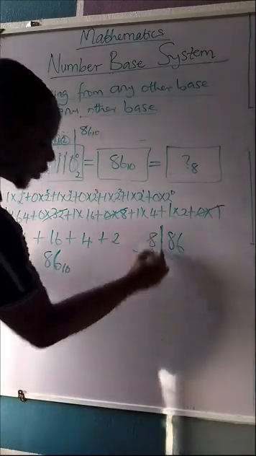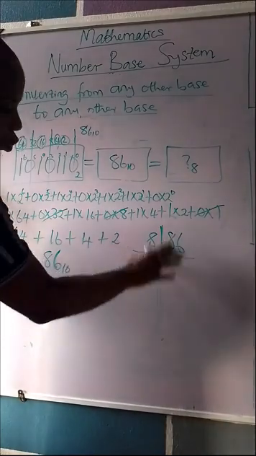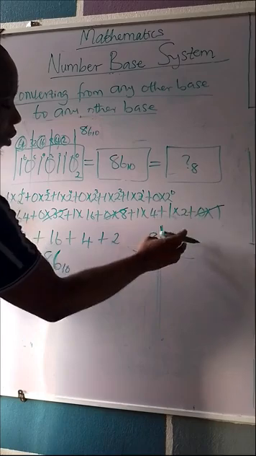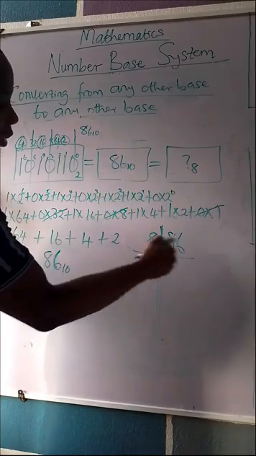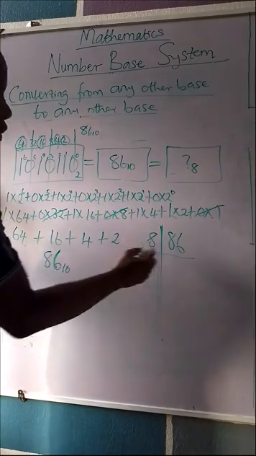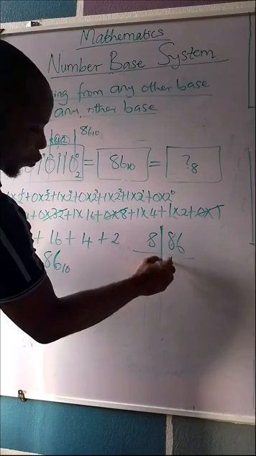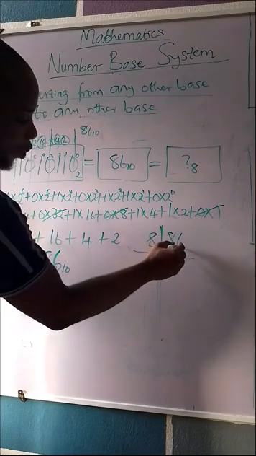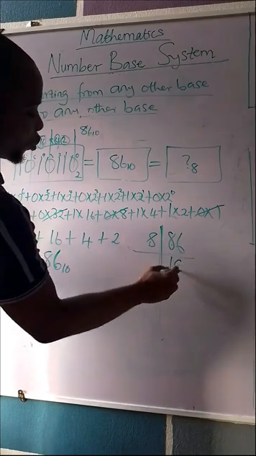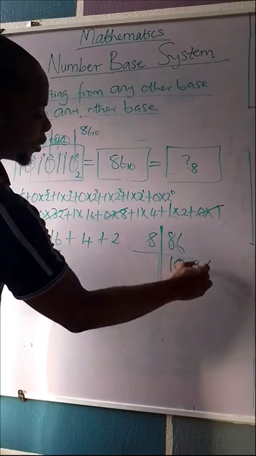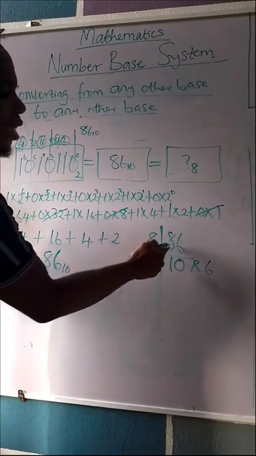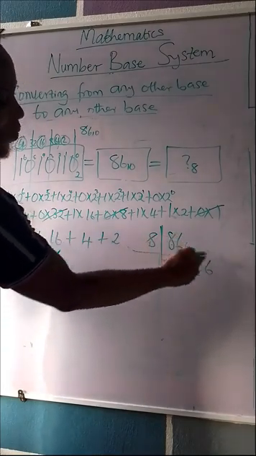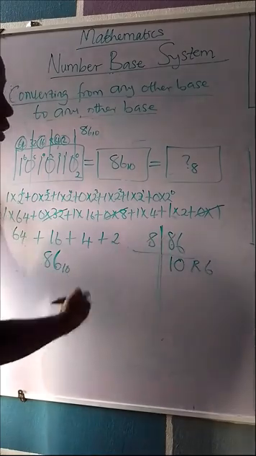Just calculate it in two columns: the number you're converting has the column to the right, while the base has the column to the left. So 8 goes into 8 is 1. 8 goes into 6 cannot, so you put 0 here. That is remainder 6, because 8 times 10 is 80, and 80 plus 6 gives you 86.